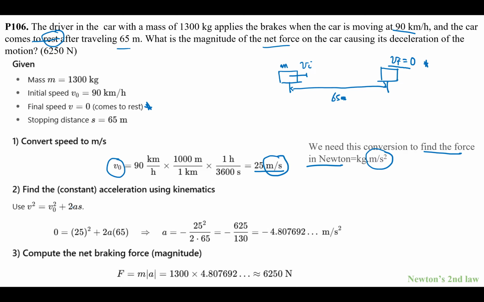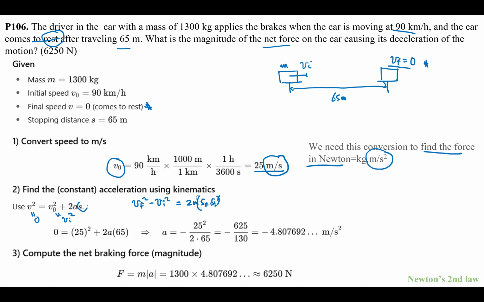And then we know that v final squared minus v initial squared is given by 2a(s final minus s initial). Okay. And then plug in these numbers. We know what the v final is. It is 0. And this is our initial velocity.